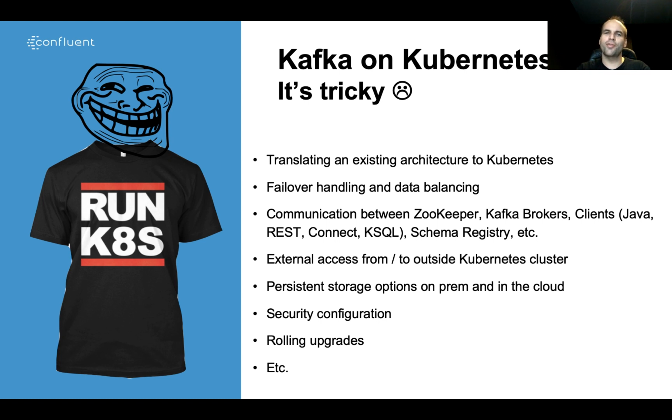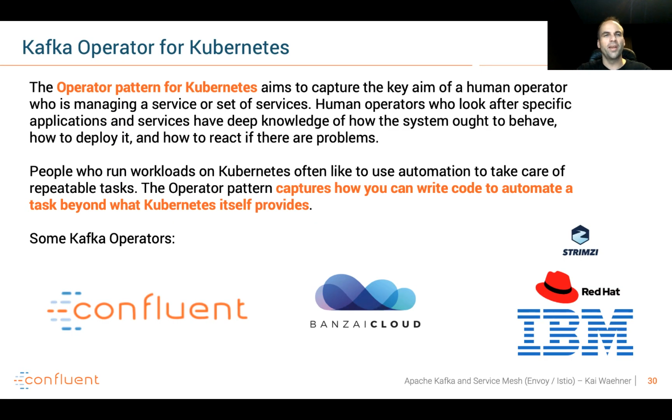That's all hard stuff you have either to solve by yourself, or, and that's the good news, you can also use a Kafka operator. Operator is a concept which emerged a few years ago in Kubernetes. And the operator pattern in general means that it provides you an option to write code to automate a specific task which is beyond what Kubernetes provides you.